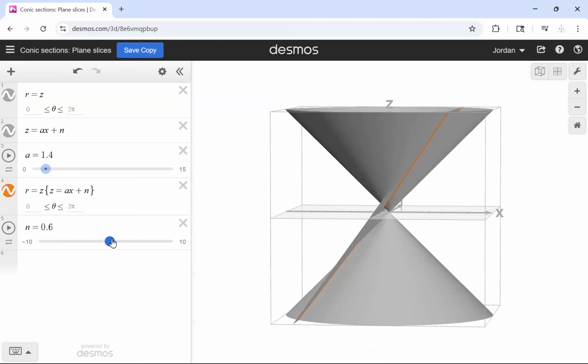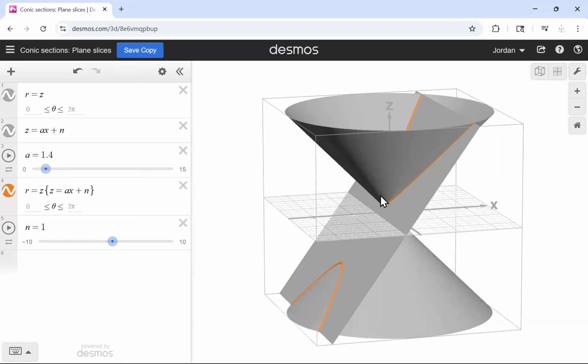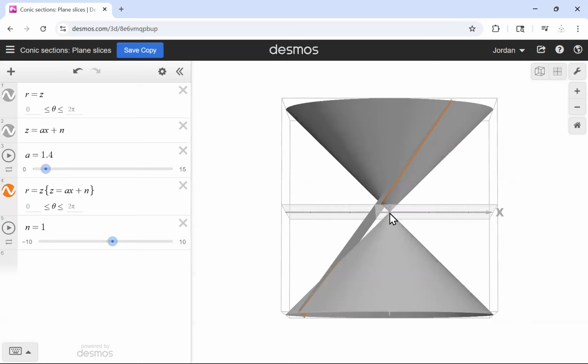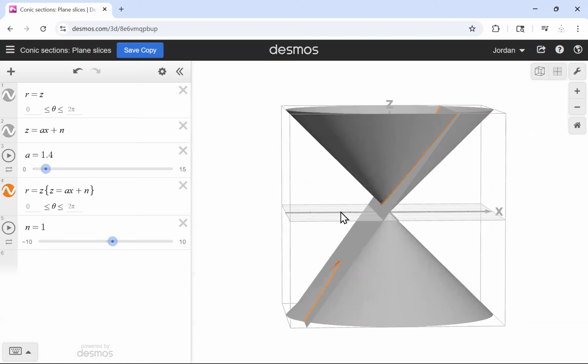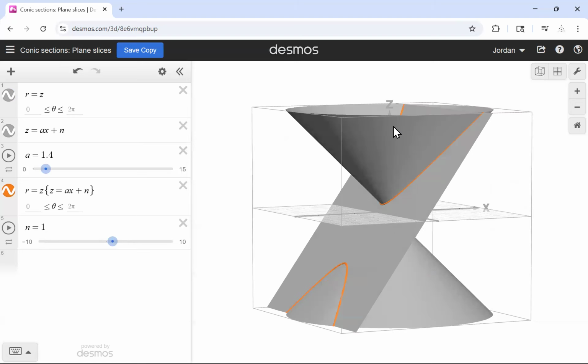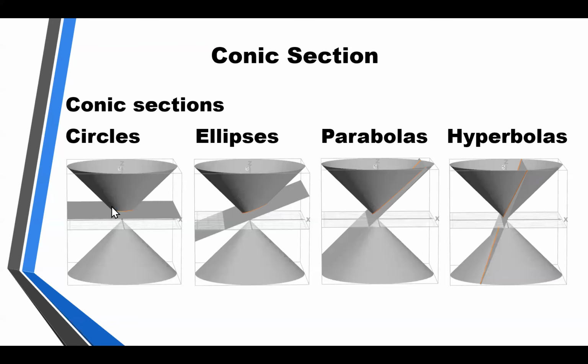The non-trivial cases are the ones where we don't go through that point. And those are going to be the ones that we're going to focus on. So we're going to focus on circles, ellipses, parabolas, and hyperbolas.